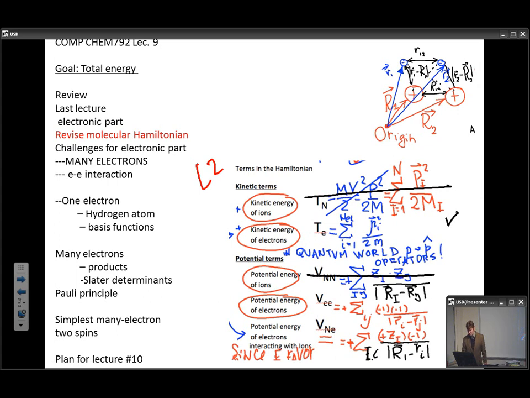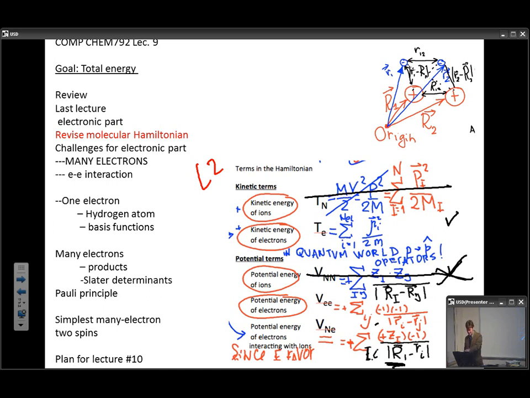Then interactions of nuclei with each other, we also do not need. And then we have the interaction of electrons with ions, attractive interactions. So here are those positions that we are not going to modify. Here are the nailed down positions of ions. So they attract electrons.